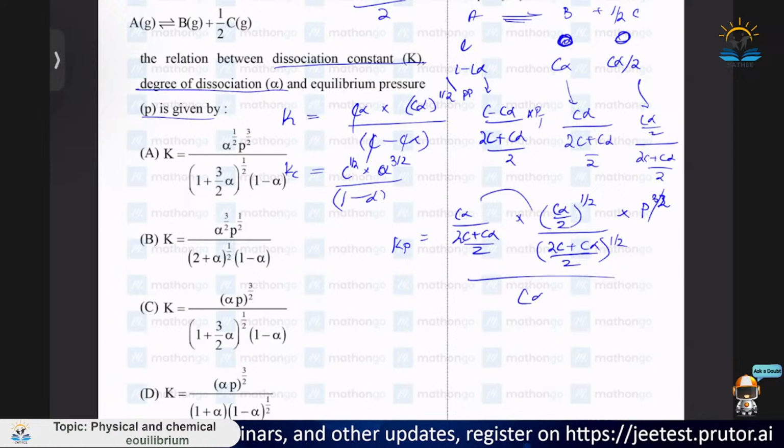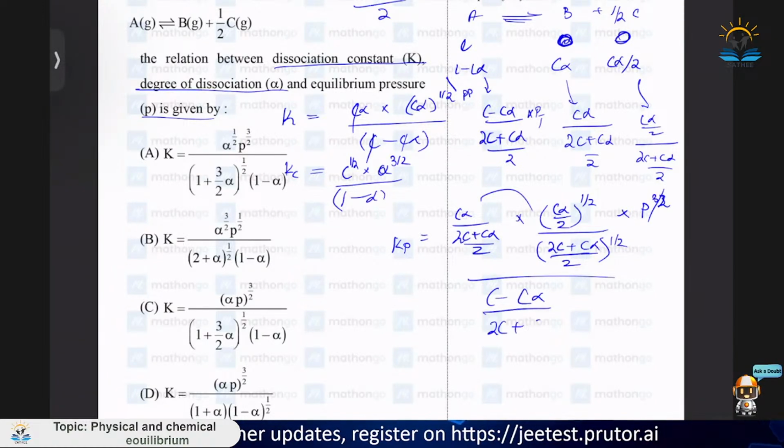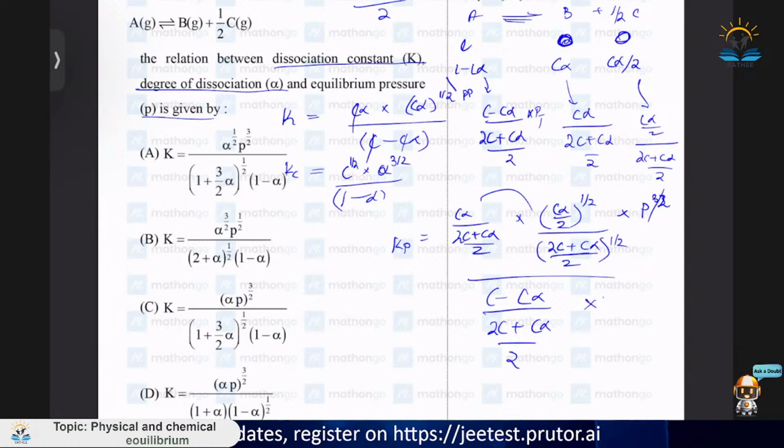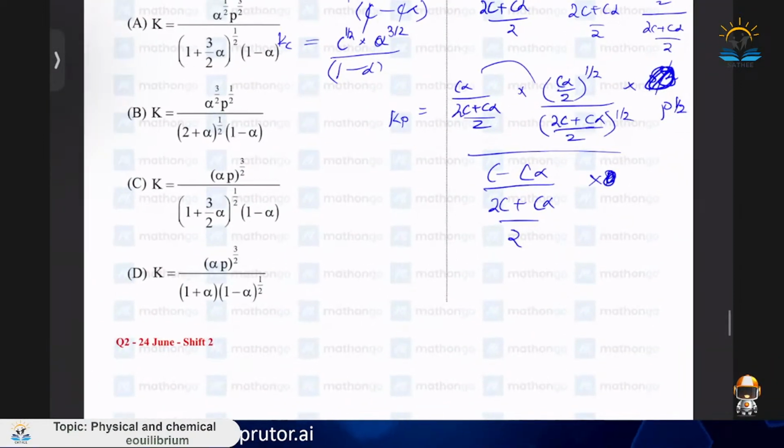We will divide it by C minus C alpha upon 2C plus C alpha by 2 into pressure. So you delete this into P to the power 1 by 2, and you have to remove all the C's.